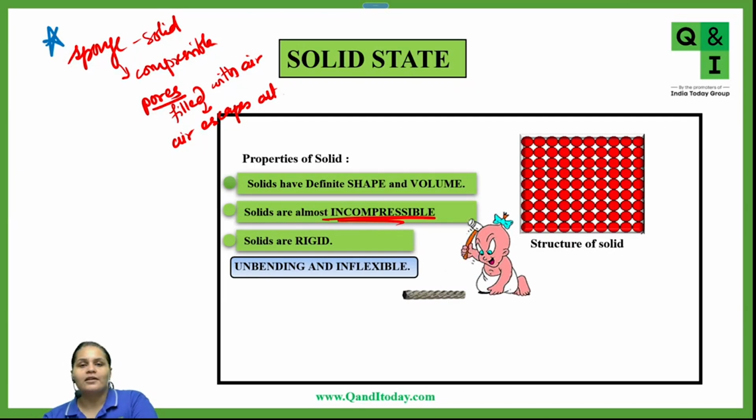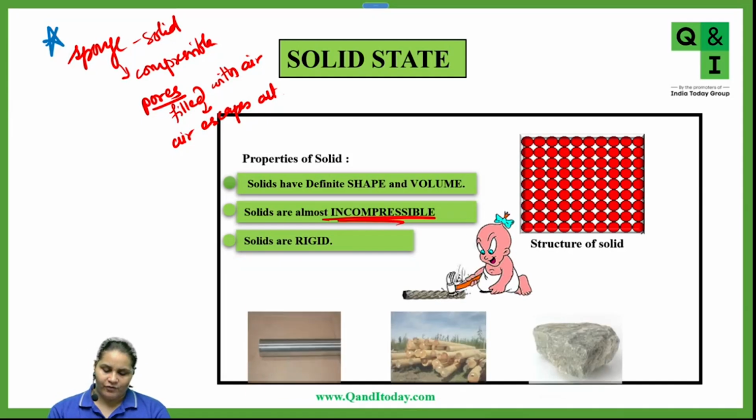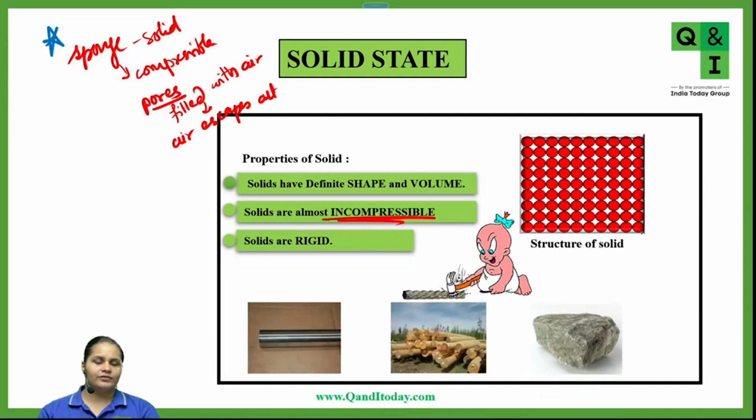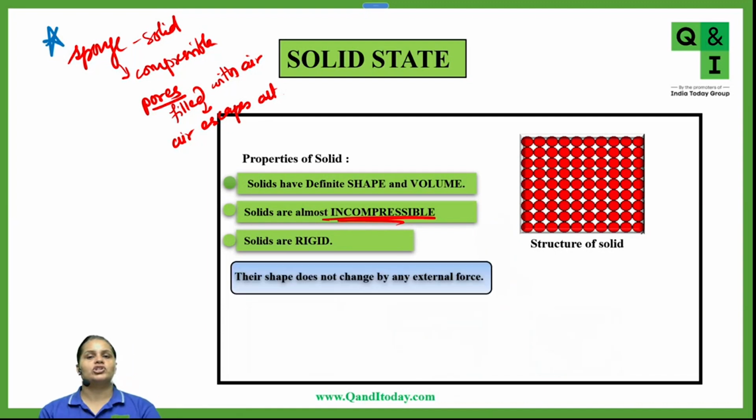It is the inflexibility to resist the change in shape, the property to resist the change in shape when we apply any force. You can take any of these examples, they all are rigid. When we say rigid, it means their shape does not change by any external force.